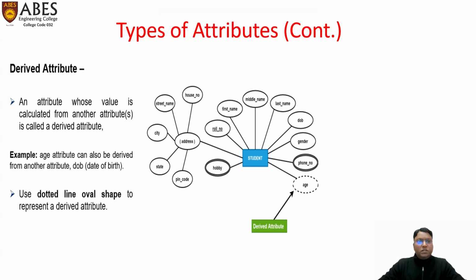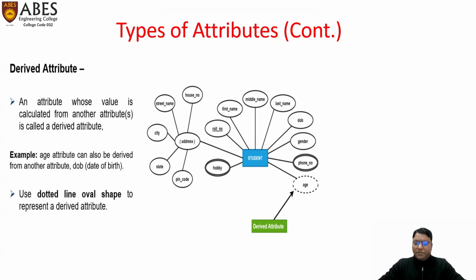So the age attribute can be derived from another attribute, DOB. These kinds of attributes are represented as a dotted line oval shape. In the given diagram, you can see student has an attribute age, which is a dotted line oval shape because age is derived with the help of the date of birth of a student.